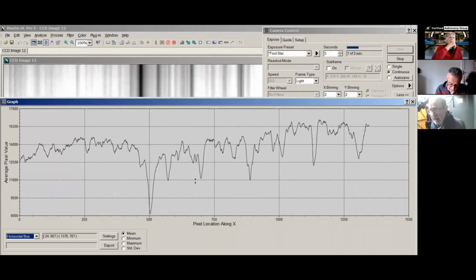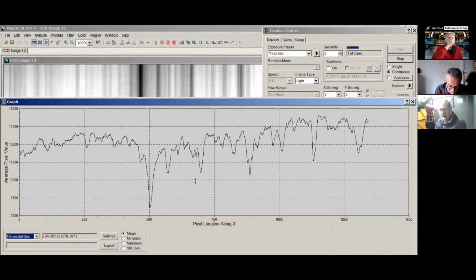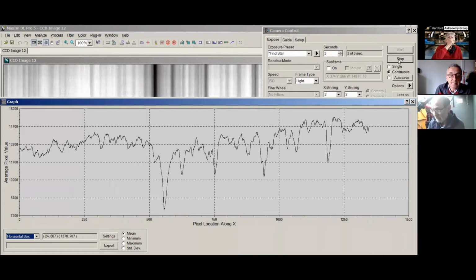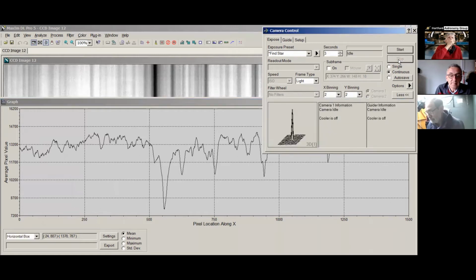Yeah, that's it. That is the hydrogen beta line. Right, let's just center that up a little bit and get a good settled image. Right, there we are. So this is the H beta line.